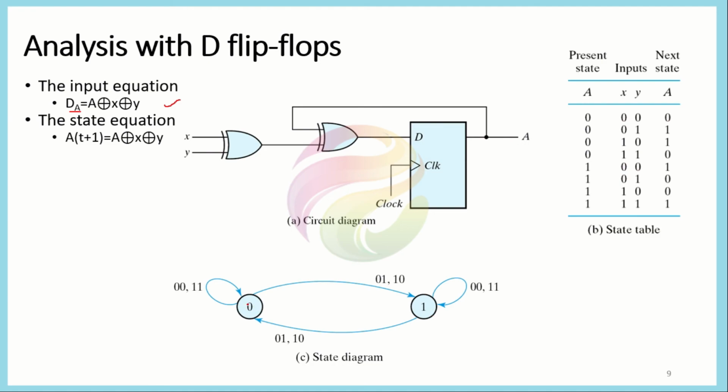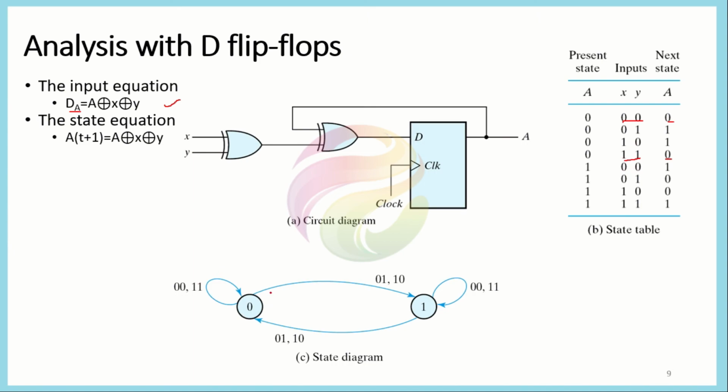Once we are here and we get the value of input equal to either 00 or 11, the next state would also remain 0, meaning we would remain in the same state. So if the current state is 0 and the inputs are the same, either 00 or 11, we would remain at the same state.